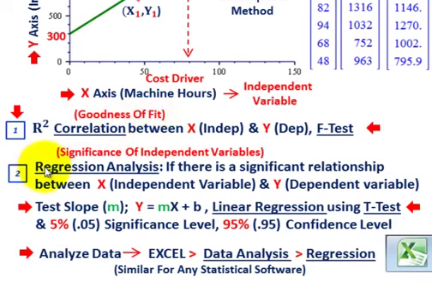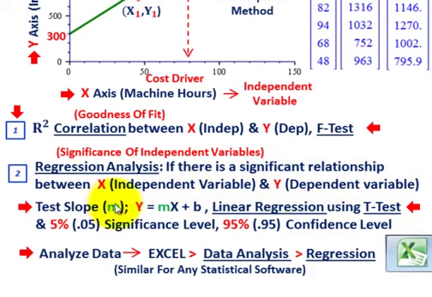Then our second test is really regression analysis, and that's where we're looking at the significance of the independent variable. In this case, the independent variable is machine hours, based on which we're trying to predict indirect manufacturing labor cost. So the regression analysis is where we're trying to look for a significant relationship between our X independent variable and our Y dependent variable.